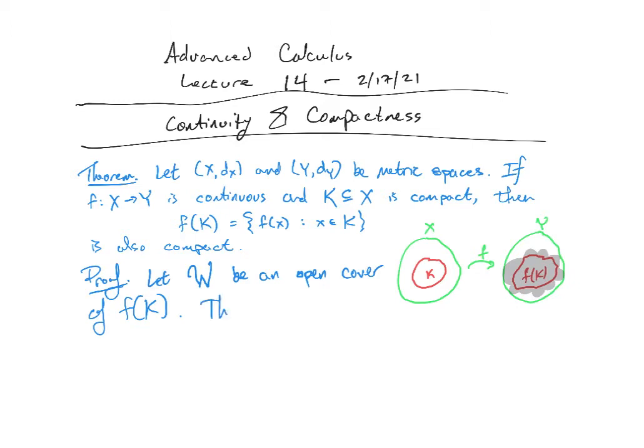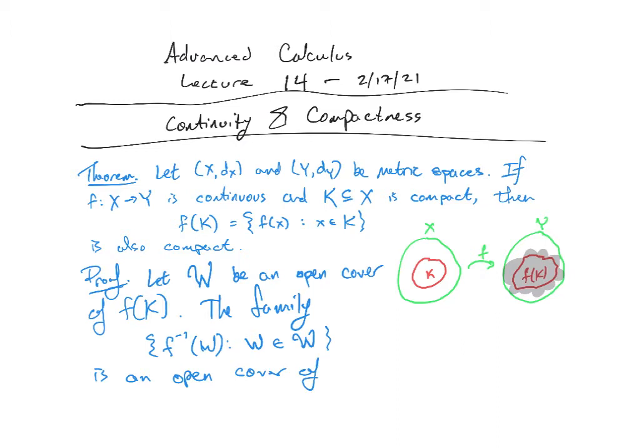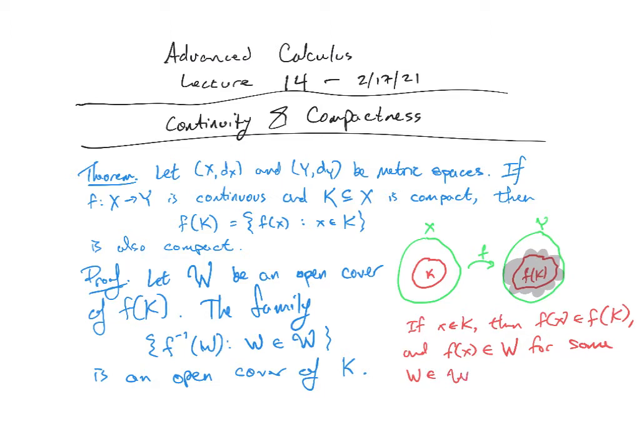Okay. So what would that be? The family of the preimage of every set in W is an open cover of K. And that's just because, I'll write it over here on the side, if x is a member of K, then it has some F of x in F of K. And that F of x is in W for some open set in our cover.